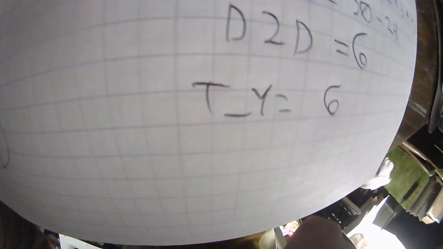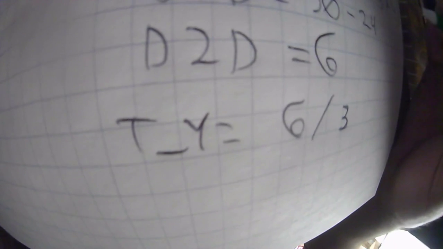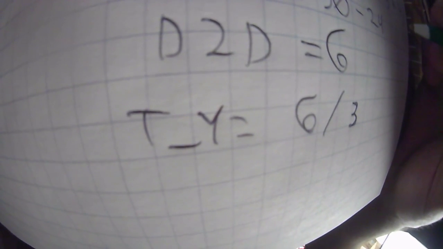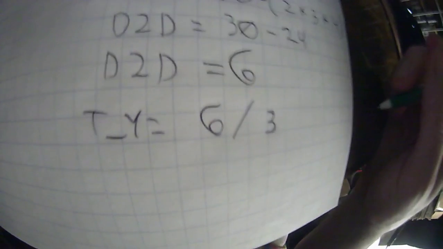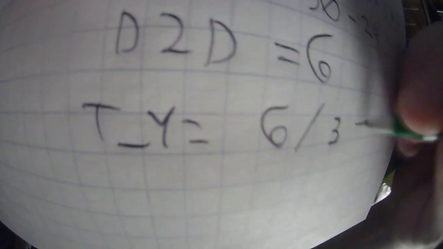Okay, so ty equals d2d, which is 6, divided by ntx, and ntx is 3. Is ntx 3? Yes, ntx is 3. And we're going to truncate that value. Truncate basically means we're going to floor it. So in this case, 6 divided by 3 is just a 2.